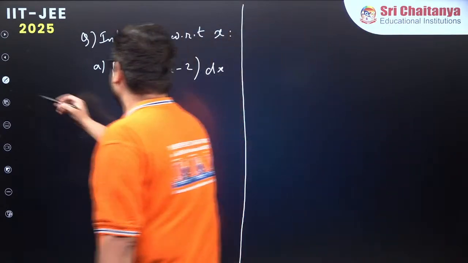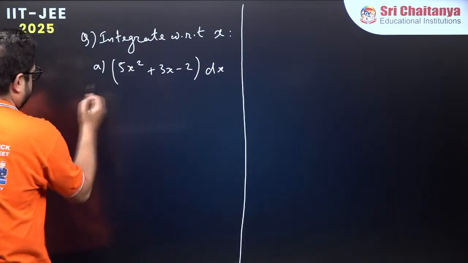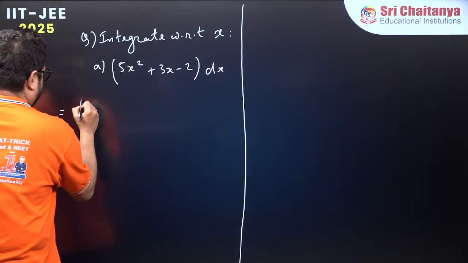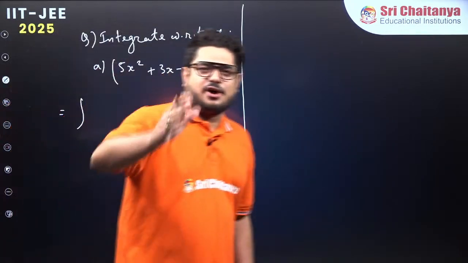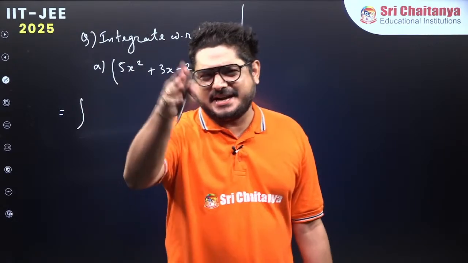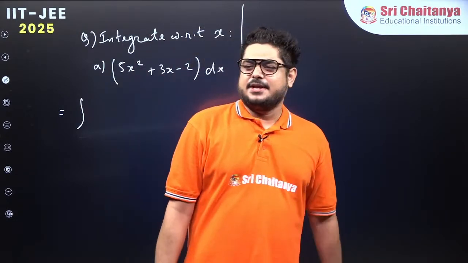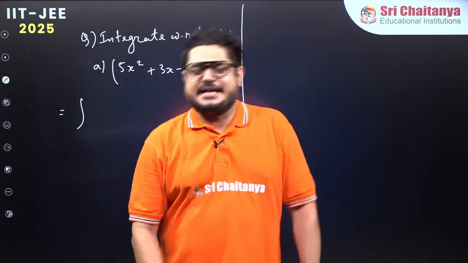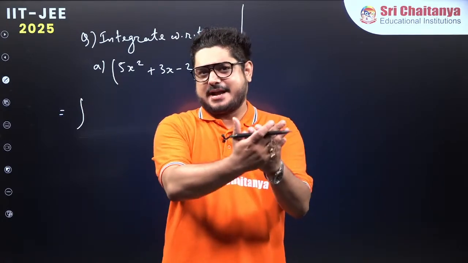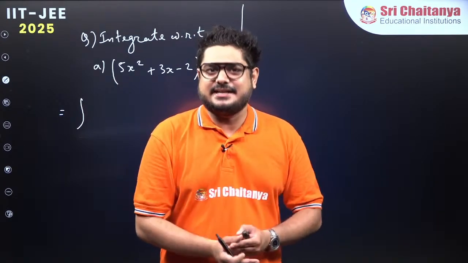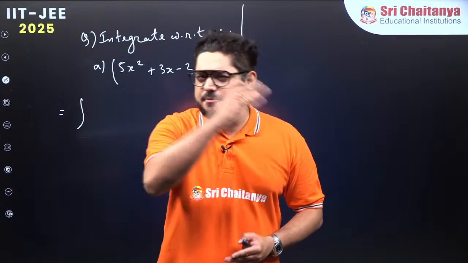If not, I will mention it. First of all, just like in differentiation, where I was using d by dx as an operator, this dx can be used as an operator. It can be incorporated in between the brackets, and all these functions can be integrated separately.